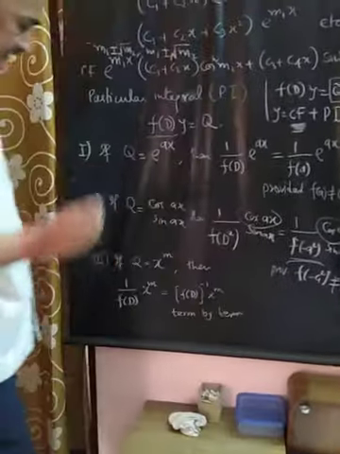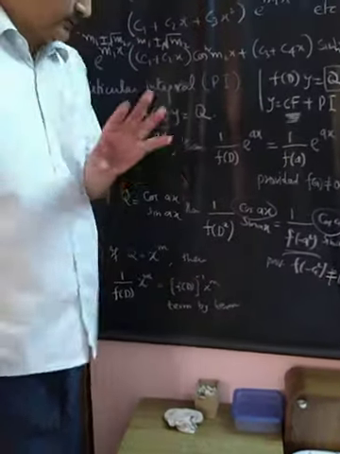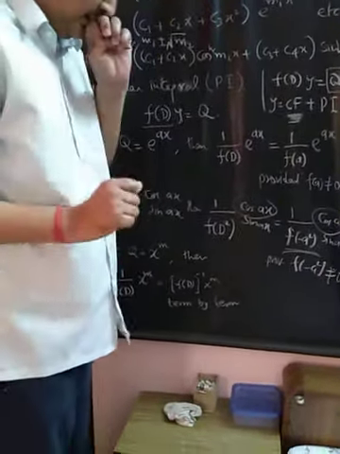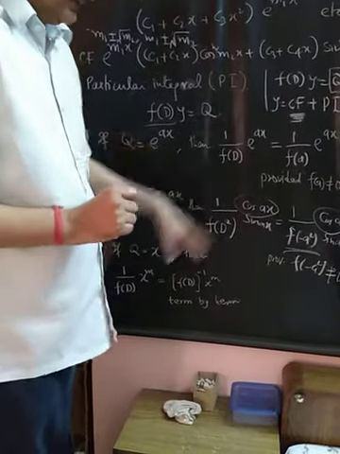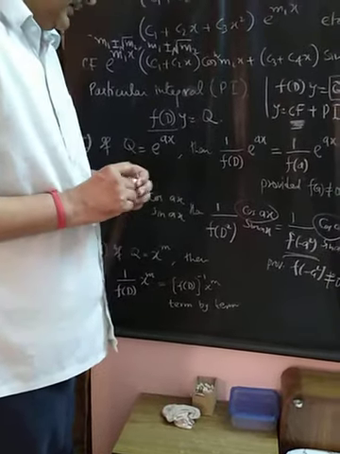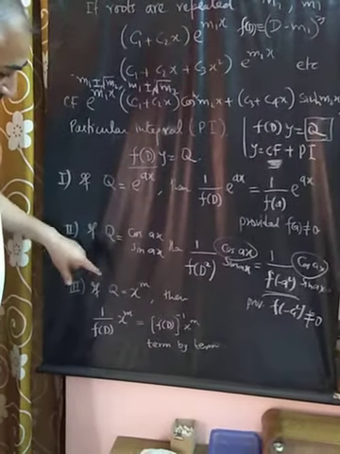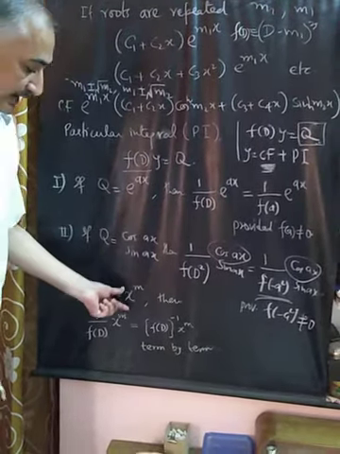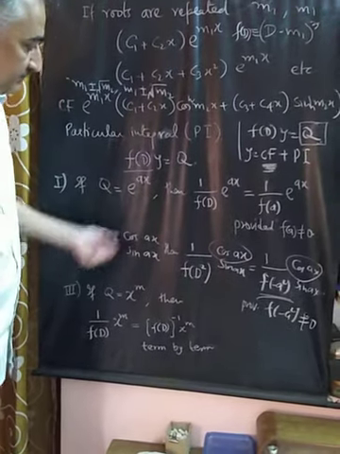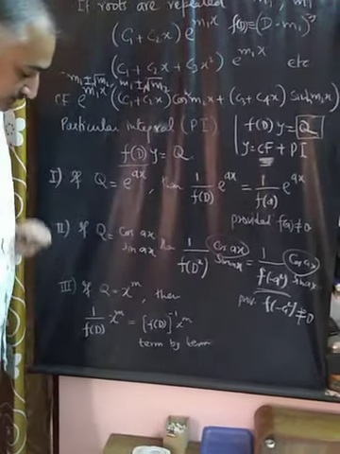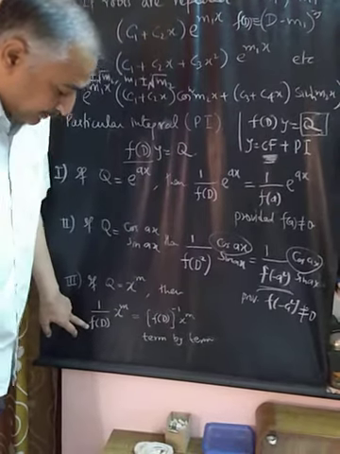And the third case, in fact there are 5 cases. On this screen you have 3. I will complete these 3 and give you some examples of each. The third case is if Q is a power of x, for example, if Q is x^n, then this is 1 upon f(D).